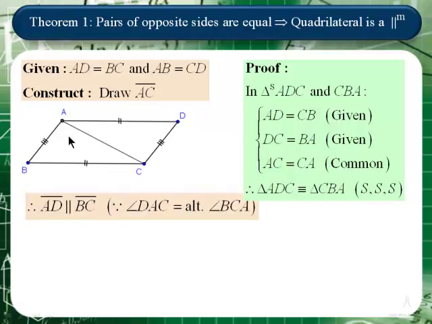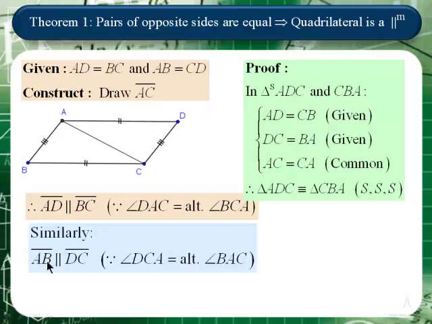Firstly, we can conclude that line segment AD must be parallel to line segment BC, because alternate angles DAC and ACB or BCA must be equal.